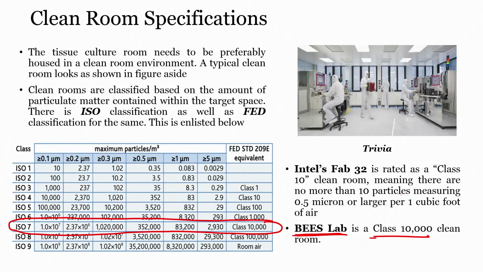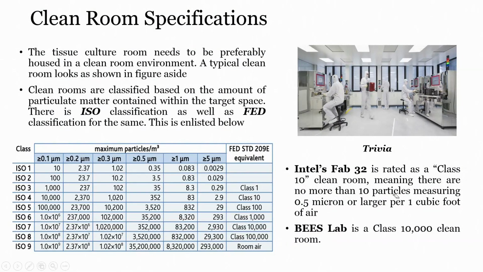But for now, for this particular lecture and course, we will be understanding class 10,000, and we will be looking at class 10,000 in reality, and what kind of equipment there is within the class 10,000 clean room environment, right.